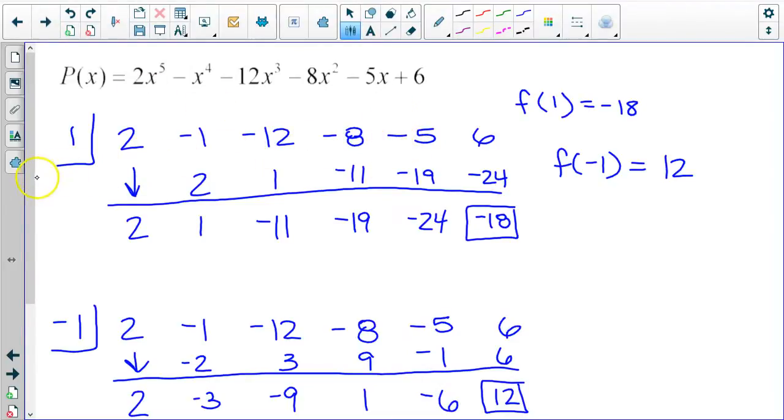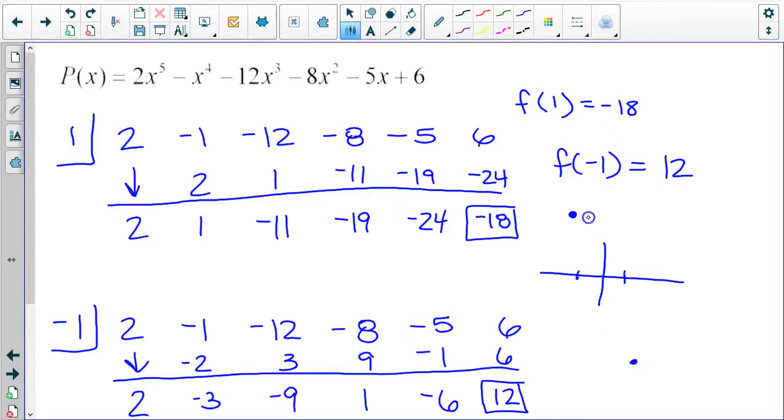At the beginning of class, I showed you the intermediate value theorem. If I plug in negative 1, I get a positive 12. Let me draw a picture because I think that might help. When I plug in negative 1, I get positive 12, right? When I plug in positive 1, I get negative 18.